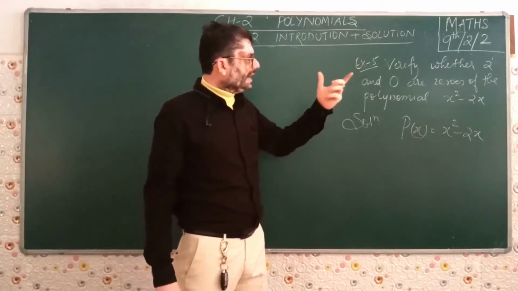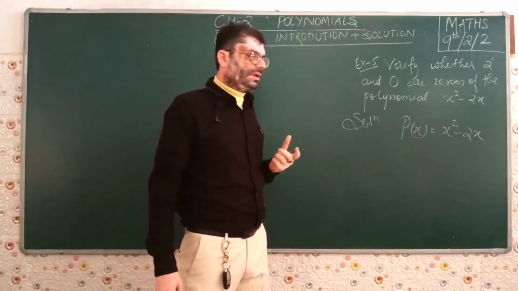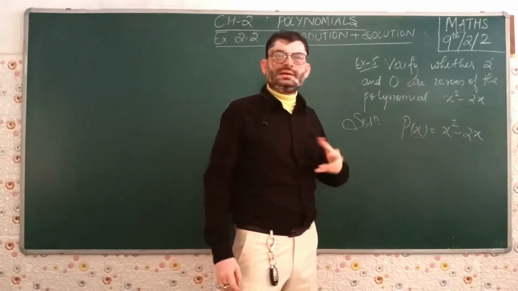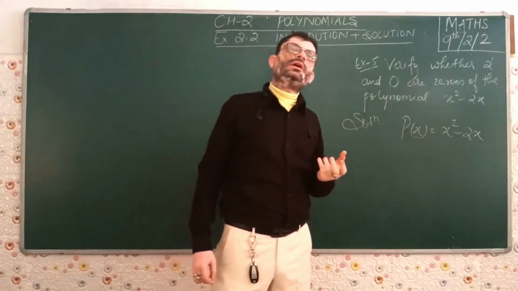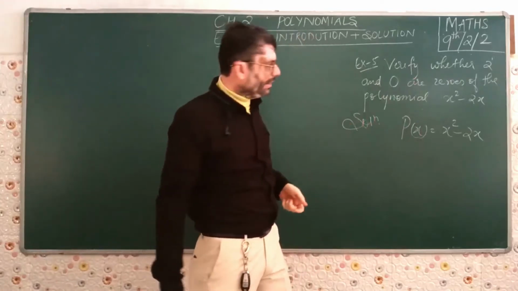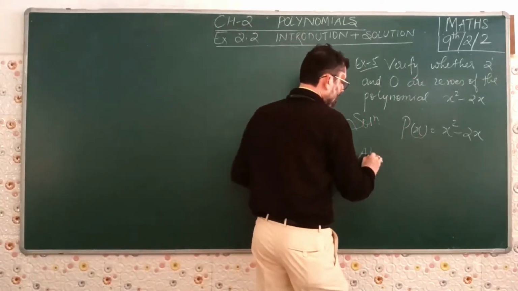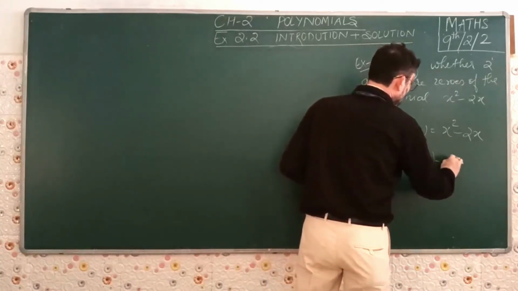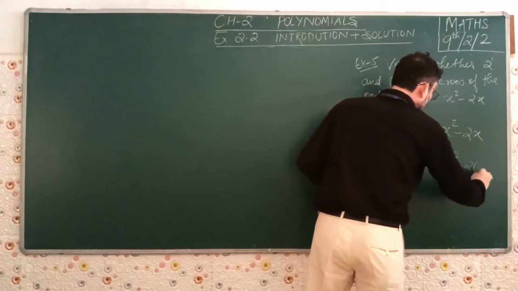That means at x equal to 2 and x equal to 0, if the polynomial becomes 0, then they are the zeros. Hence we can say verified, else not verified. So let us take x is equal to 2. Then what is p of 2? P of 2 is 2 square minus 2 into 2.